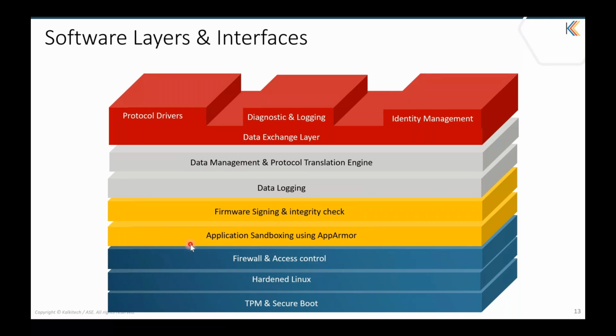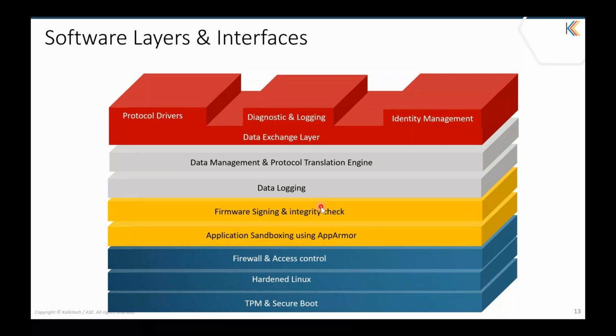And the application sandboxing using AppArmor has been added on top to make sure that all the applications have only the permissions which have been allocated for that particular application. And on top of that, there's a firmware signing mechanism and integrity check, which ensures that only signed firmware will be deployed in the gateways.